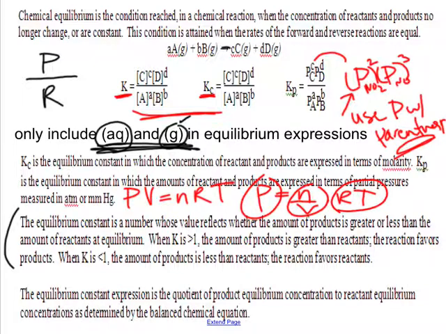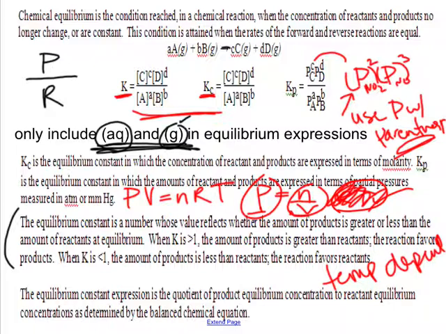This RT is going to be constant. Just like in kinetics, your K is temperature dependent. If we change temperature, we change K. So when we're contrasting Kc and Kp, we're assuming it's at a set temperature, because if not, the K changes. So that's why we look at this as constants, and there's that relationship.